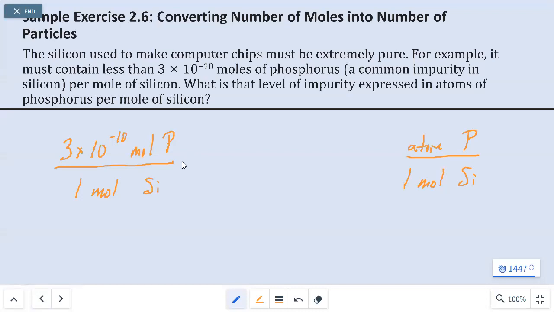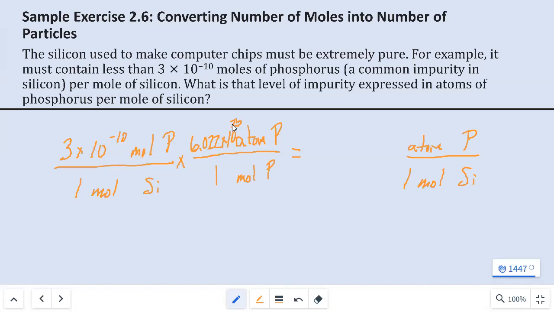From a dimensional analysis standpoint, I have moles of phosphorus in my numerator, so I need moles of phosphorus in the denominator. I want atoms in the numerator to get me to where I want to go. The relationship here: 1 mole is equal to Avogadro's number, 6.022 times 10 to the 23rd atoms for every mole.